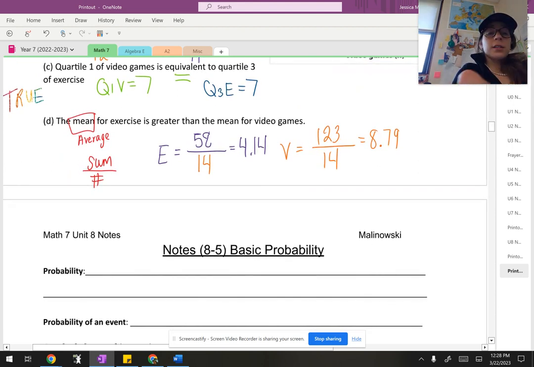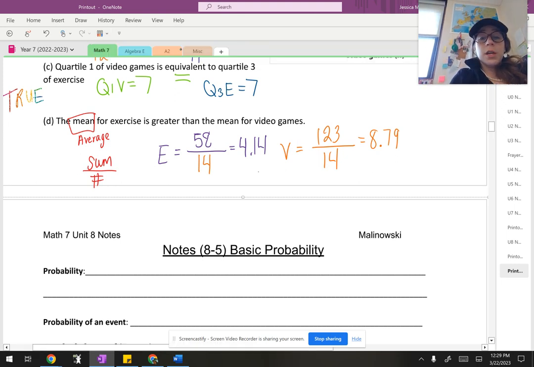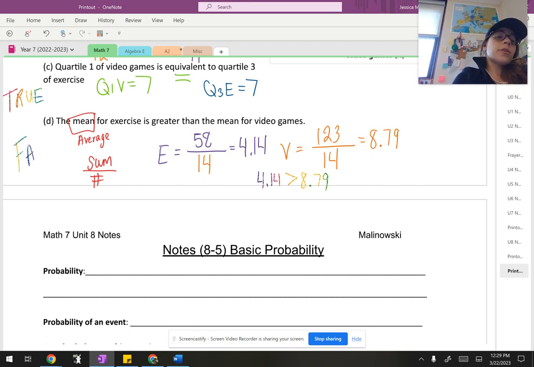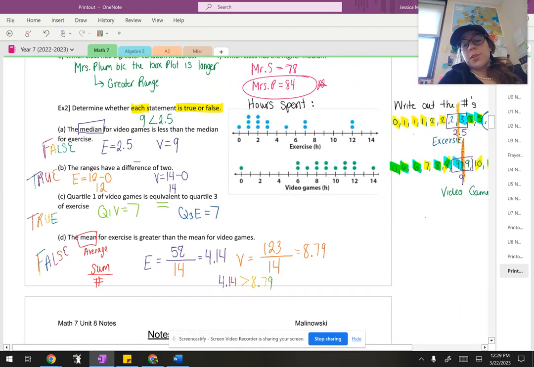So, last but not least, is that true or false? The mean for exercise is greater than video games. Is 4.14 greater than 8.79? It is not. Therefore, that is false. And there you have notes for 8-4.